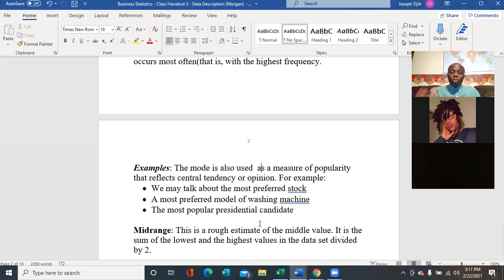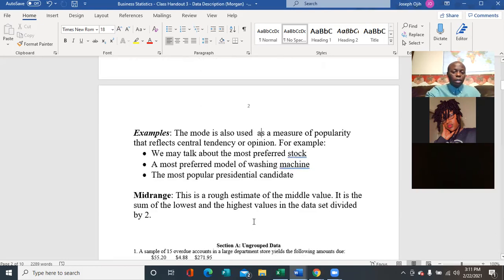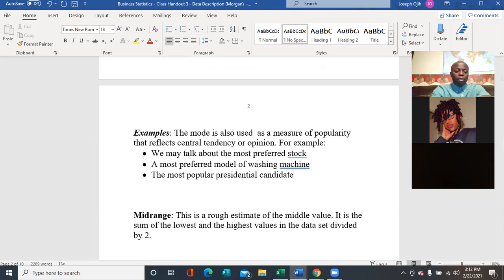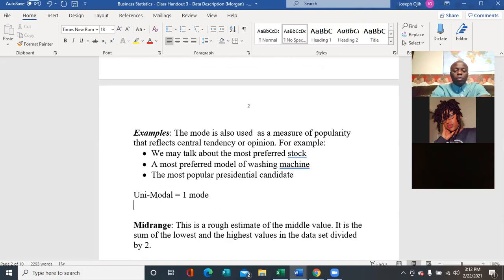Now, when there is one mode, we call it unimodal.